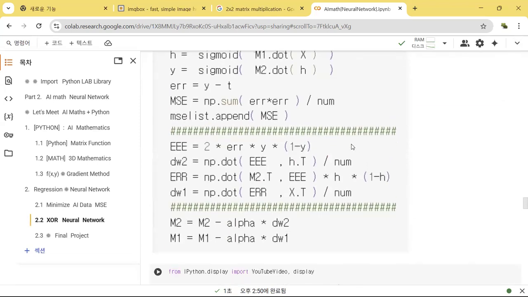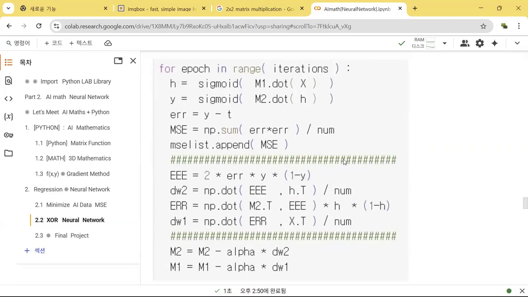This code is the most vital to understand the XOR neural network. So let me briefly emphasize how problem 4 and problem 5 are related to this Python code.